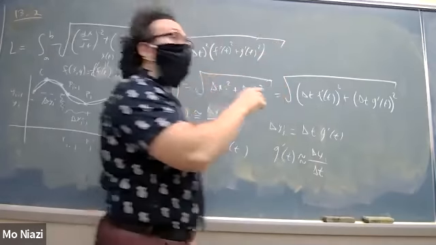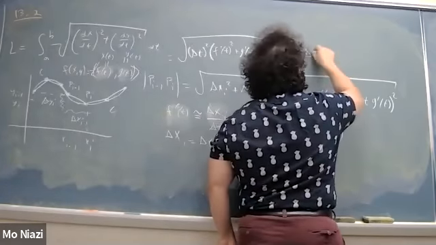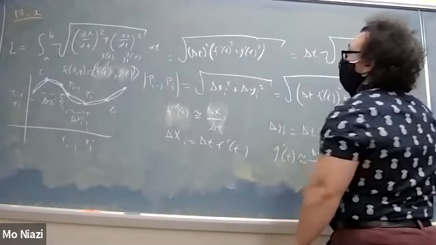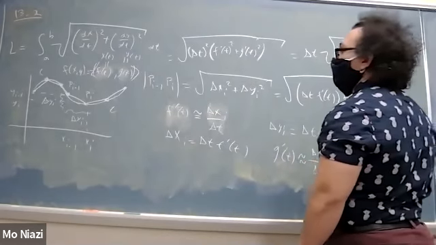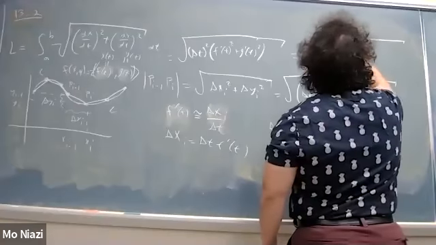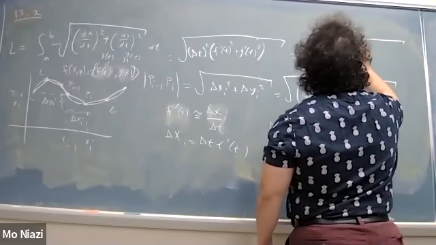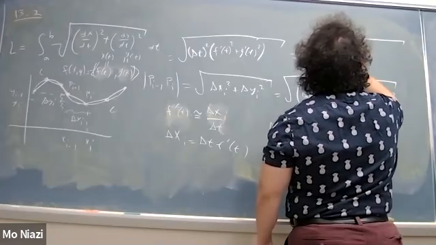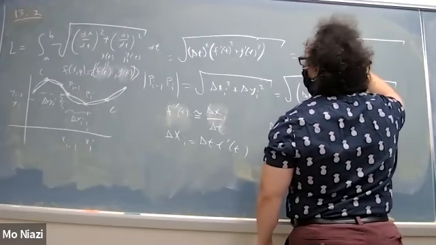Right, and the square root distributes to both, so this becomes like this. And f prime of t squared is the same thing as a dx. Well, I'll introduce that when we take the limit.